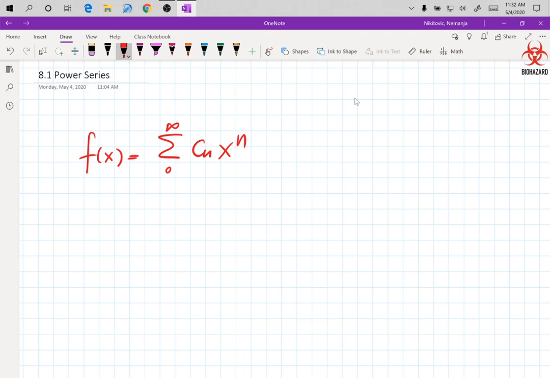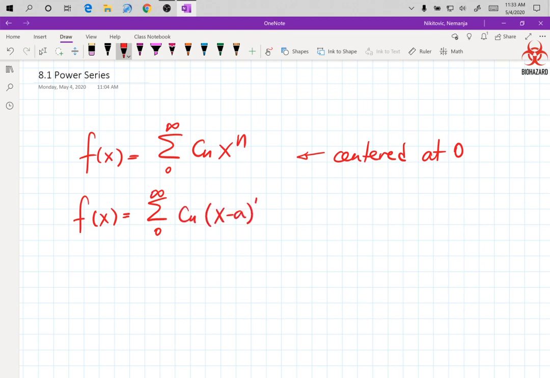So we have the power series, and this one is centered at 0. If I put the summation from 0 to infinity of Cn times (x minus a) to the n, this one is centered at a.